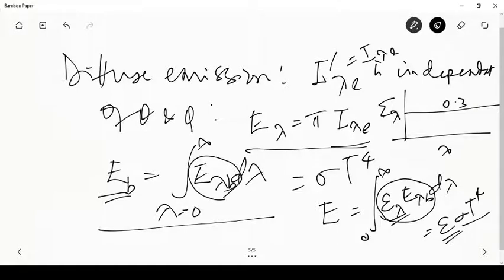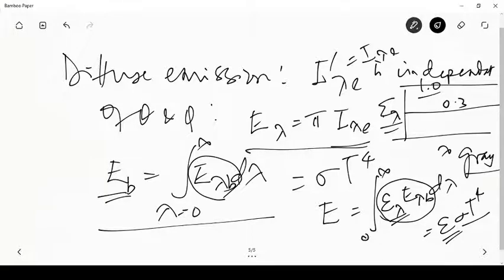Okay, so then this is called a diffuse emitter. Oh, sorry, it's called a gray emitter. Okay, a surface is called gray emitter when its emissivity is independent of lambda and has a constant value throughout. Okay, so if this value is 1, then you get a black surface. Okay, if it is anything less than 1, it's a gray surface.